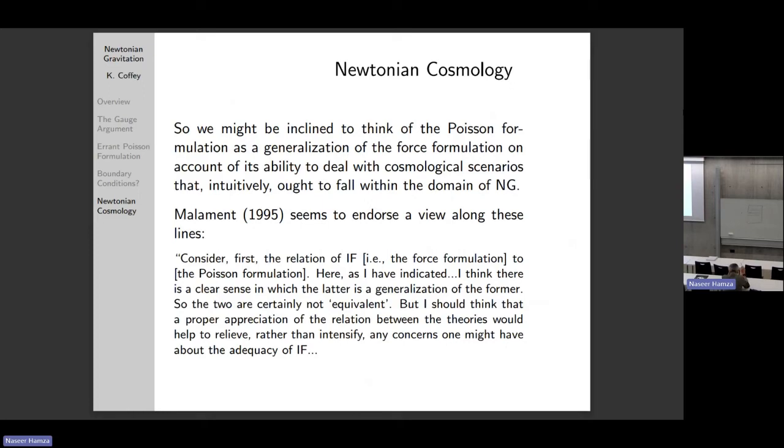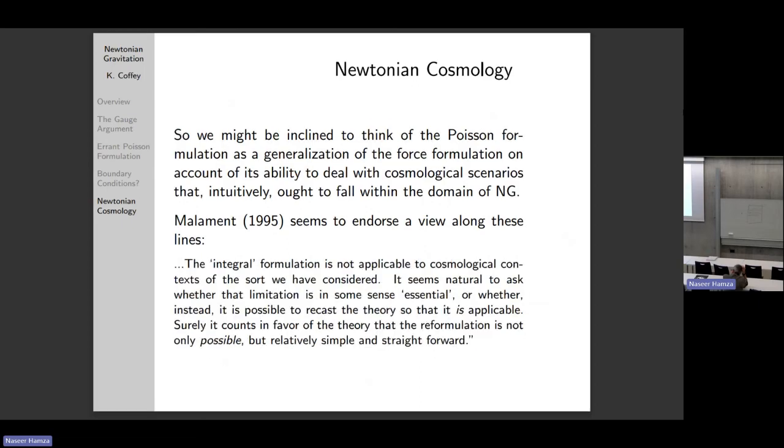He writes, consider first the relation of the force formulation to the Poisson formulation. Here, as I have indicated, I think there is a clear sense in which the latter is a generalization of the former, so the two are certainly not equivalent. But I should think that a proper appreciation of the relation between the theories would help to relieve, rather than intensify, any concerns one might have about the adequacy of the force formulation.